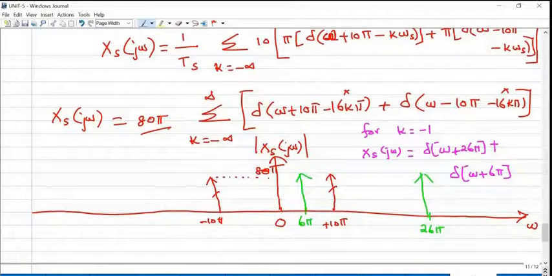Correct or not? So you'll get ω plus 6π.